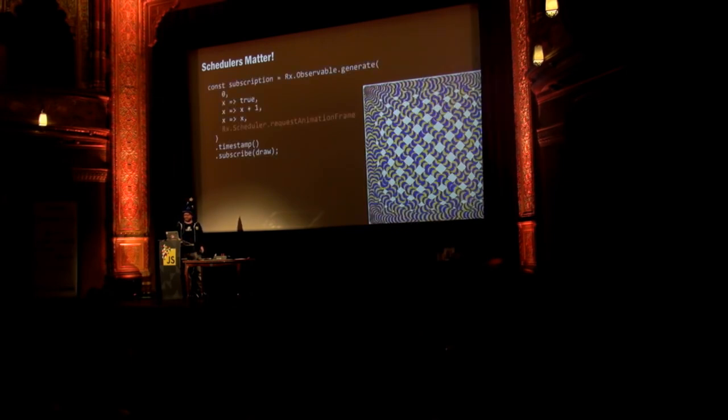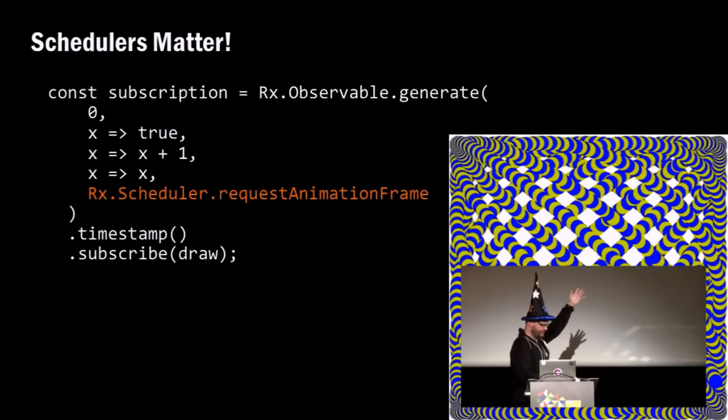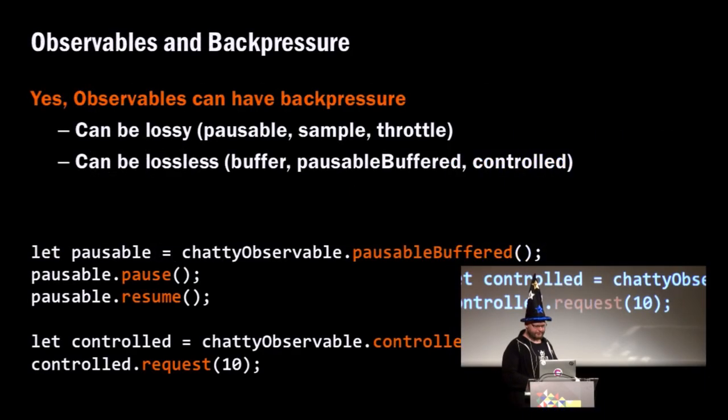Instead, we can swap that out and say request animation frame scheduler. And now it looks actually sane. And guess what? Your computer is not going to levitate anymore, because it no longer eats up a lot of resources.